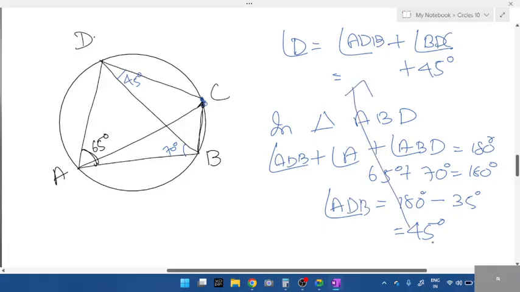Substitute here. Are we getting 90 for angle D? Is it clear, students? Done?